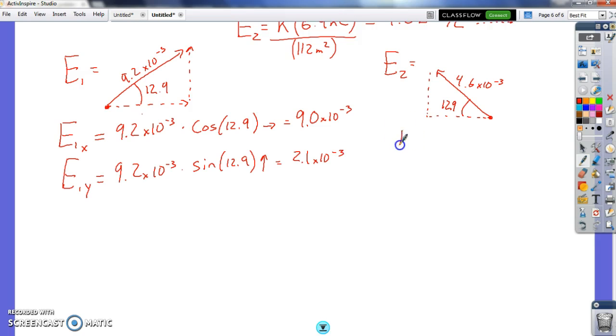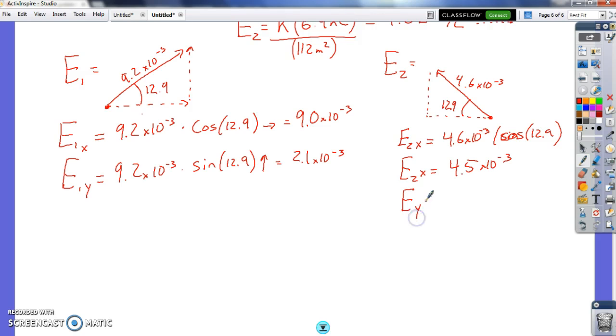Now we find this one. We've got E2 in the X. And E2x is this one, and this is our angle, so that's also going to be the cosine. And so we say that it is 4.6 times 10 to the negative 3 times the cosine, X is cosine, sorry, of 12.9. E2x then becomes 4.5 times 10 to the negative 3.